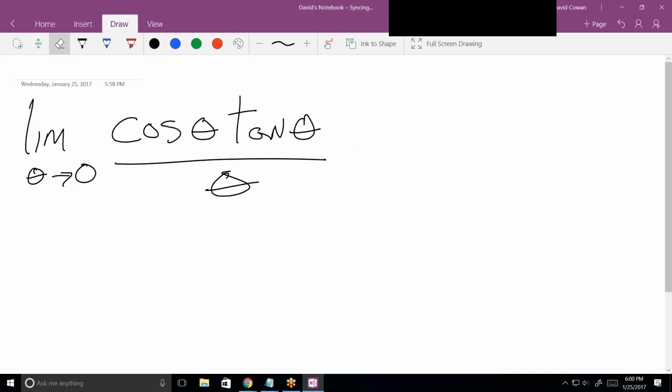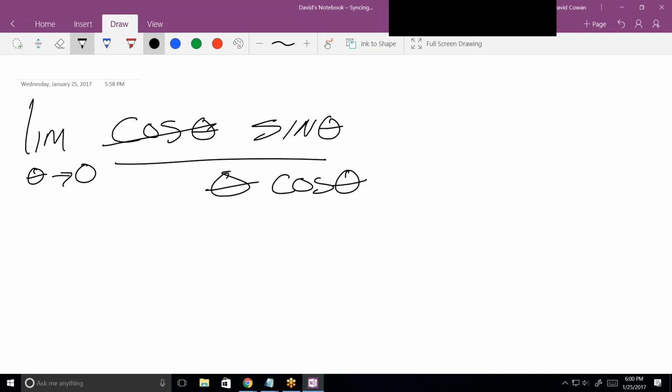Well, let's use the trig identity for tangent. What is that? Sine over cosine. So instead of tangent, I'm going to make that sine over cosine. Now the cosines cancel, and I end up with that. What's that limit?